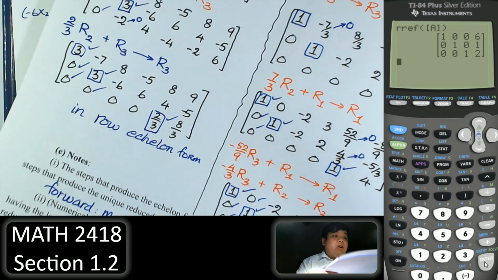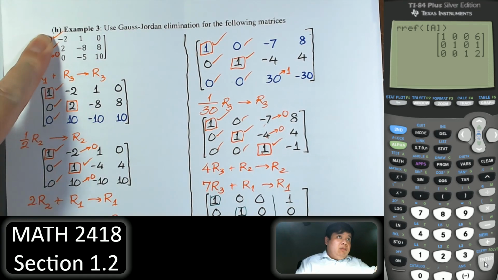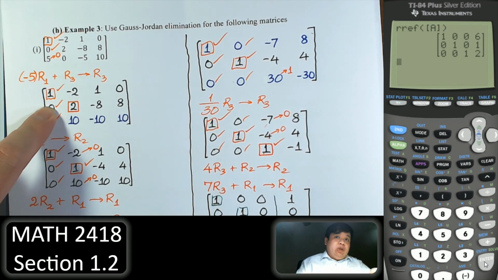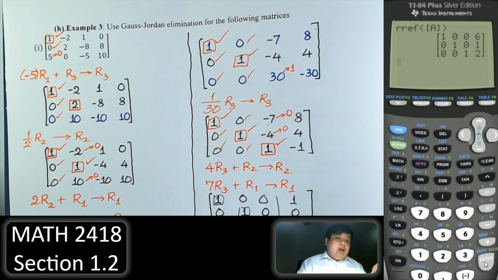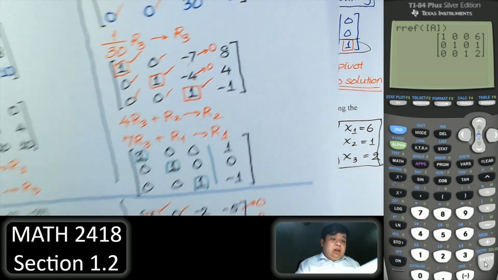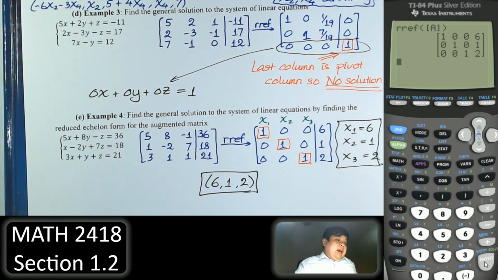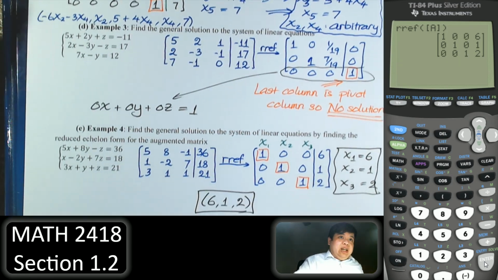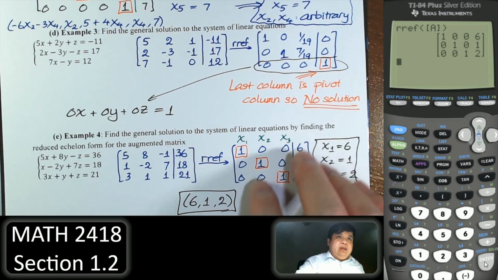Gauss-Jordan elimination is to get 1 first, the pivot, and then turn everything in that column to 0, and then go to the next pivot, turn everything in that column to 0, and keep doing that until we have no more pivot entry. And once we have the matrix in reduced row echelon form, make sure you know how to write the solution from it.